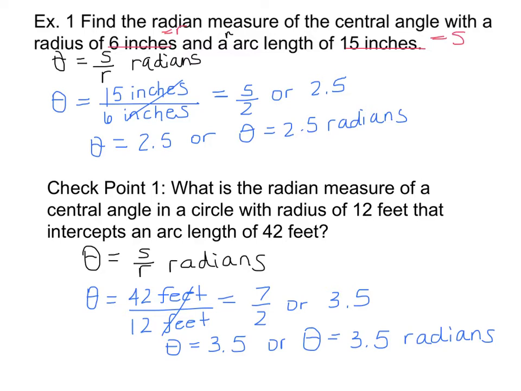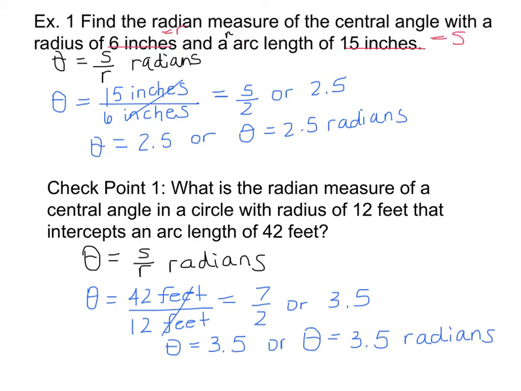Okay, if you did it correctly, this is what you should have gotten. Notice I'm continuously writing the formula because that helps you to get familiar with it if you see it over and over again. So we have our arc length again, which is 42 feet, and our radius now is 12 feet. So I plug those values in for S and R. And this time, when I divide, my units canceled out, and I was left with 7 over 2, or 3.5.